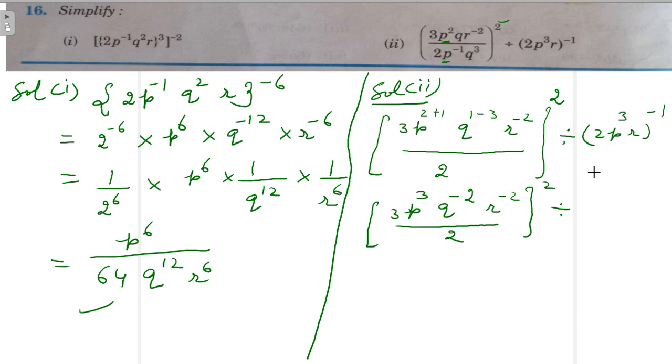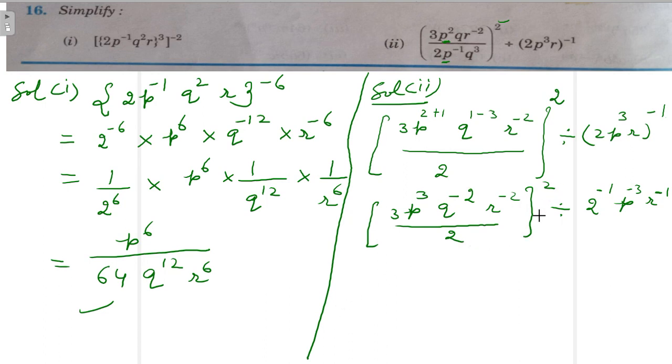we can write it as, if we want to do this, here write it as 2 raised to power minus 1, p raised to power 3 minus 3, r raised to power 1 into 1 minus 1 also, right?